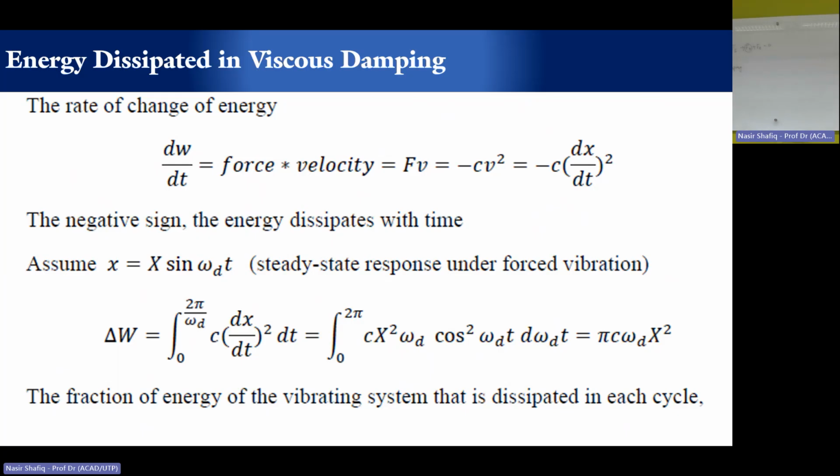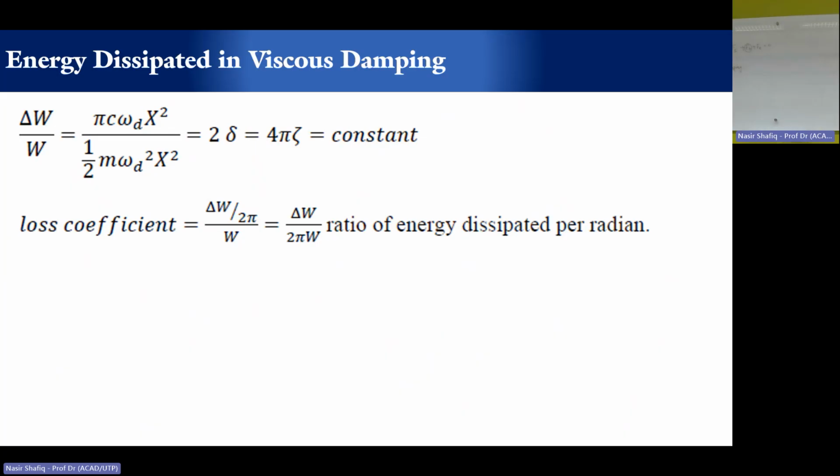The rate of change of energy, which we say is basically the work done, is force into velocity, right? That is the total work done and the total energy which we have to calculate. And then the energy dissipated in viscous damping, which is this, is equal to what we have discussed.